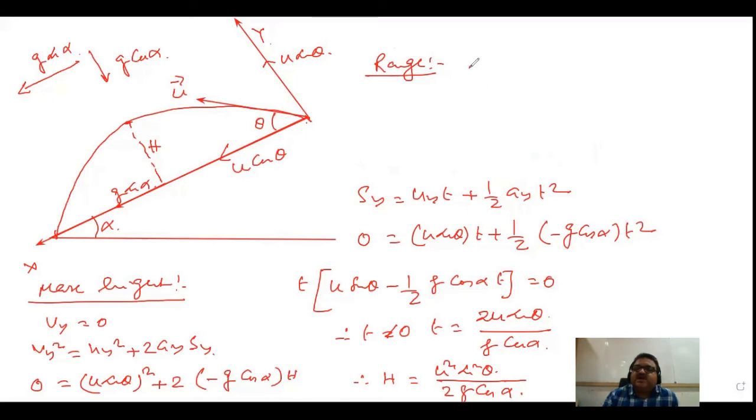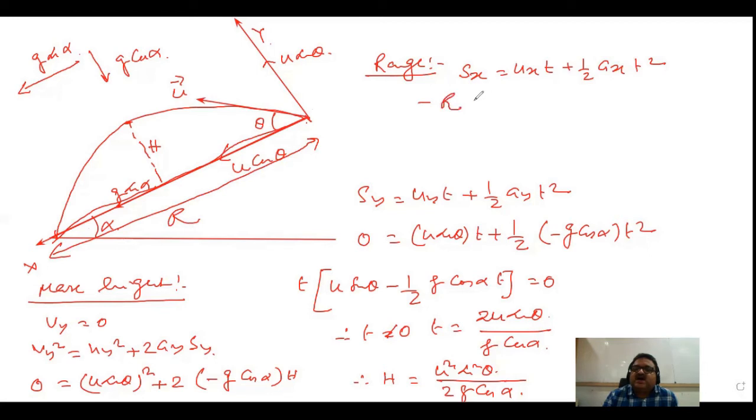So apply Sx is equal to uxt plus half ax t square. What is Sx? This is the range, and this is along negative x, so I have to consider this as minus r.